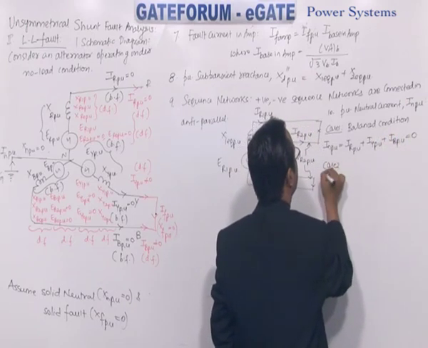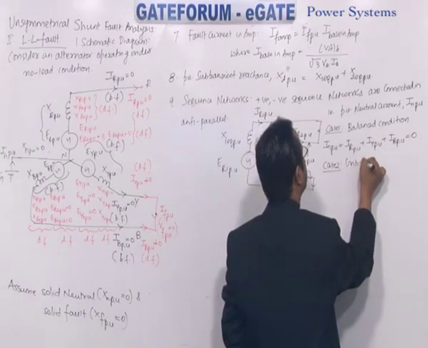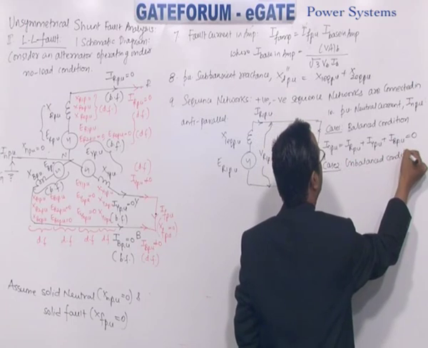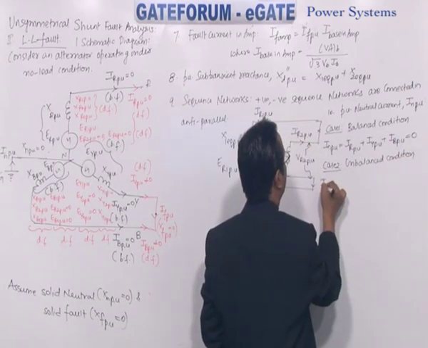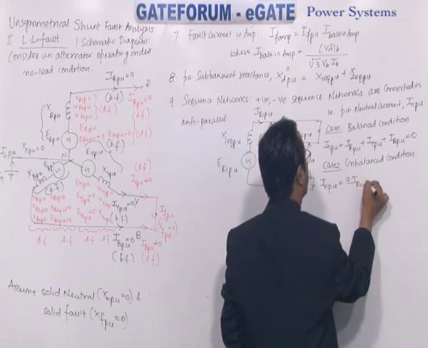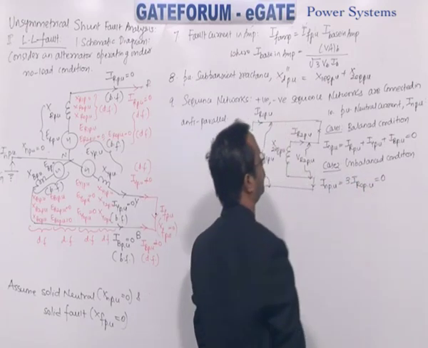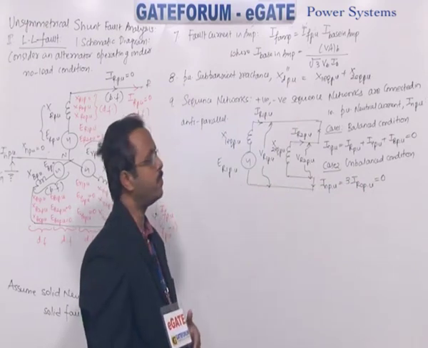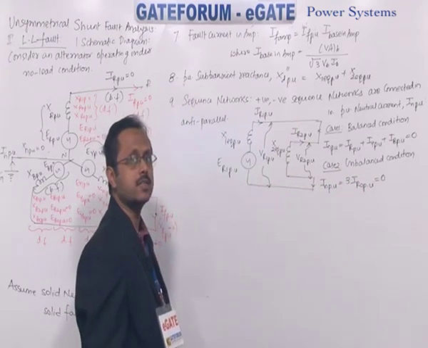Now case 2, unbalanced conditions. So how much is IN per unit? 3 times IR naught per unit. Here IR naught per unit is 0, so IN per unit is 0.